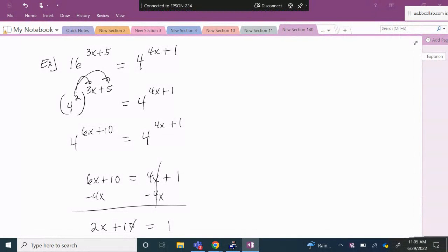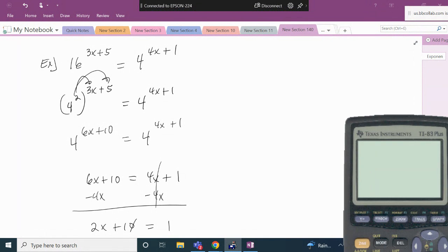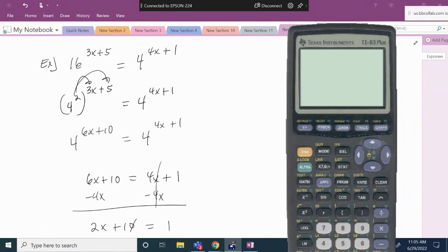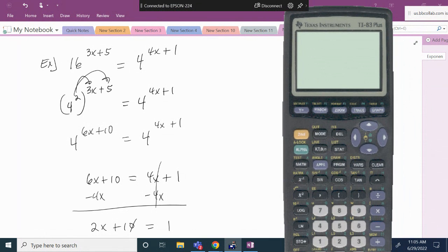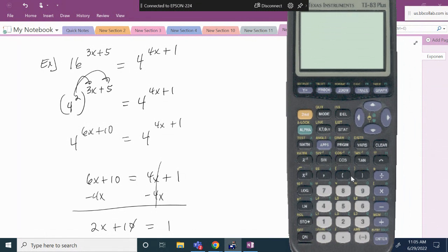So I'll just check this one. Just to show real quick, I'm going to use that little variable method to check this. I'm going to go into y equals, and I'm going to clear that out.